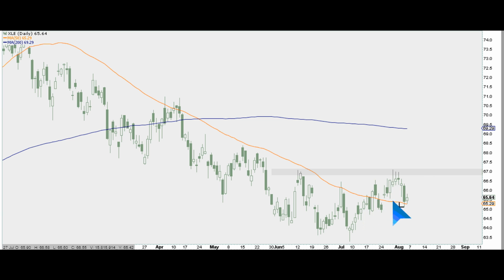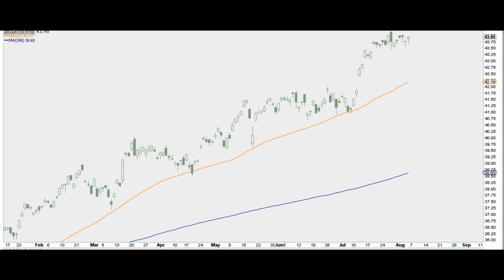Now, we've seen it perk up a little bit recently, and it's going to be really interesting to see if this level here where sellers have shown up recently can be broken. Then that's something we'll look at as a potential option for a portfolio. But right now, it doesn't make sense to have it in a portfolio. So if that's something that you have in yours, I can't tell you what to do, but from an educational standpoint, when in a downtrend like this, energy is not something that makes sense to own.